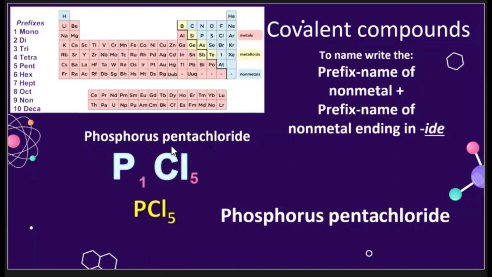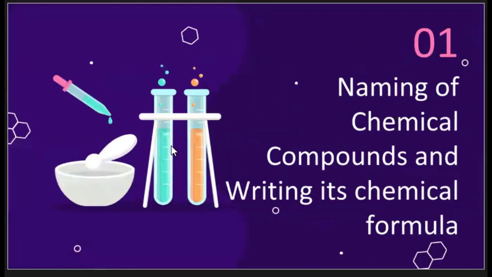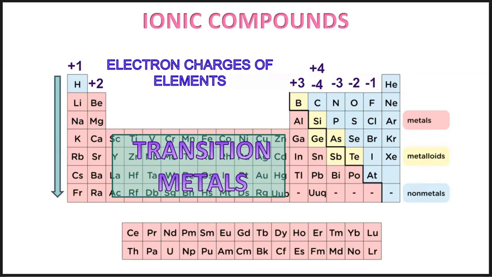So that is how we will name and write the chemical formula of each compound. So remember, we have 2 types of chemical compounds, the ionic and covalent.